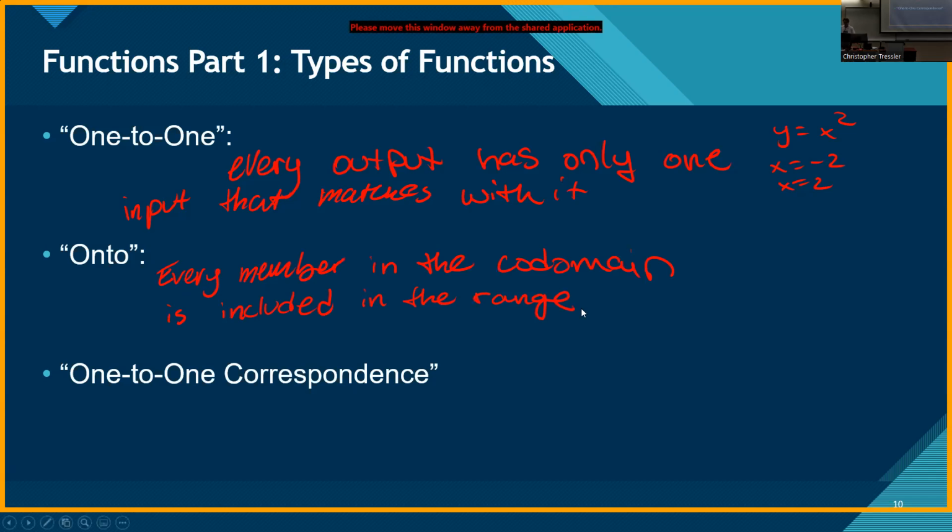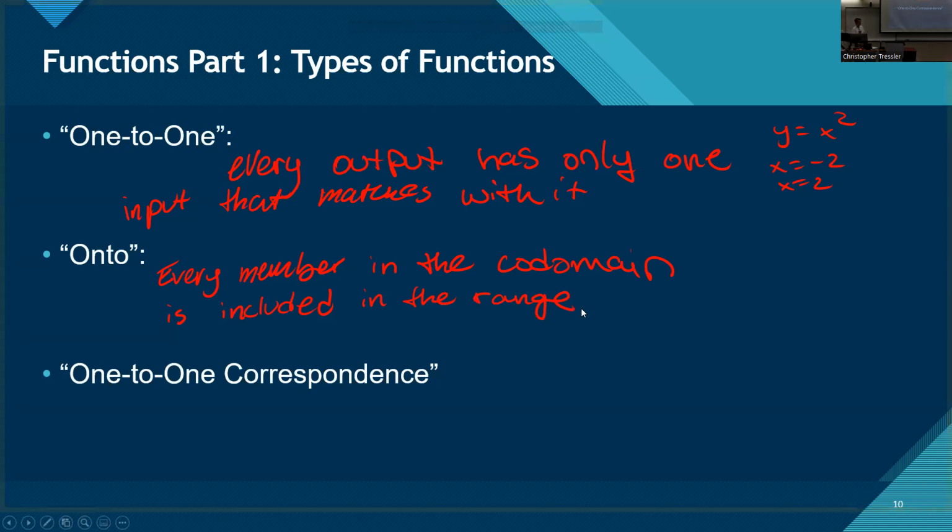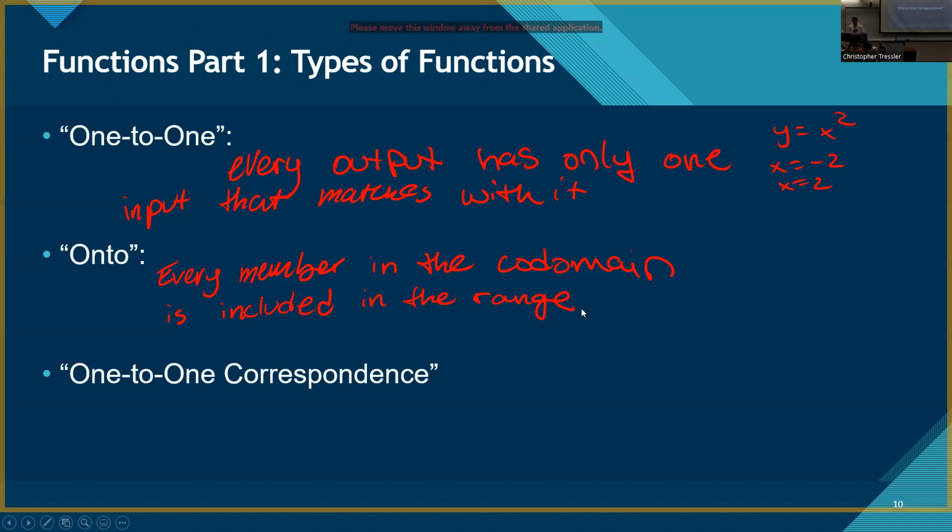What this means is that the codomain and the range are the same. Every possible value in the codomain, or in the universe of discourse, whatever you want to call it, is actually a solution you can get by plugging in the input. So every output value is actually possible to create using whatever function you're given.